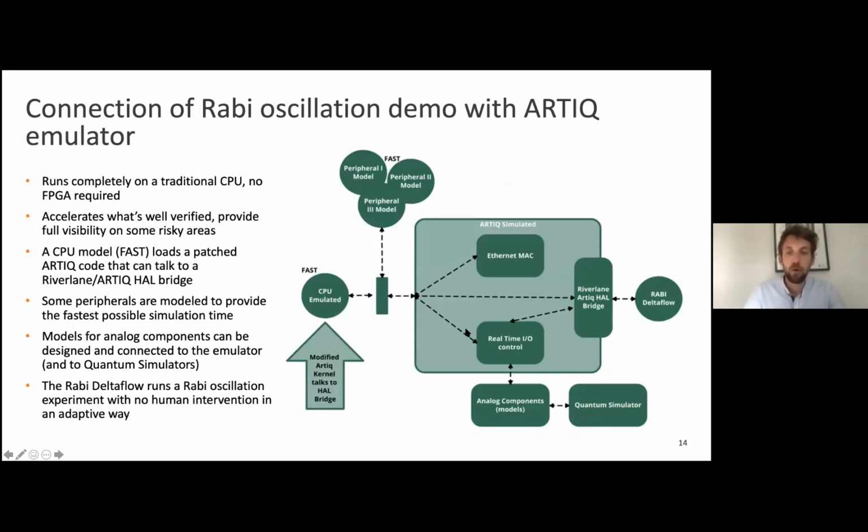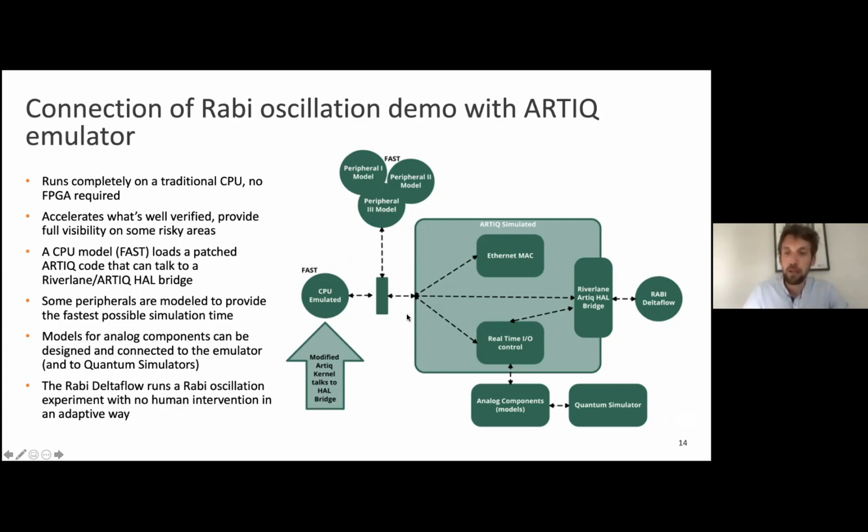Just a quick view of what's inside the emulator itself. The emulator is a set of models of the components of the ARTIQ system. For the sake of this presentation, it contains 1 or 2 CPUs, depending on which flavor you run, models for memories, and no quantum units.